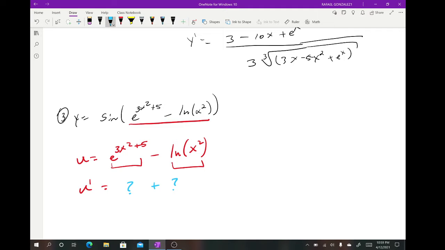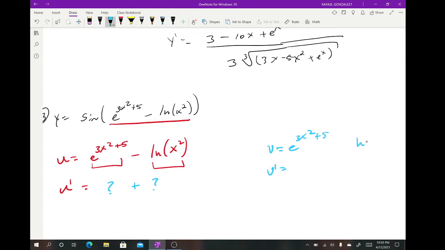What I like to do is, let's say, call v e to the 3x squared plus 5, and then find v prime, and then let's call the other one h, and that's going to be ln of x squared, and then find h prime. This is a much nicer way of doing the problem because everything is organized.